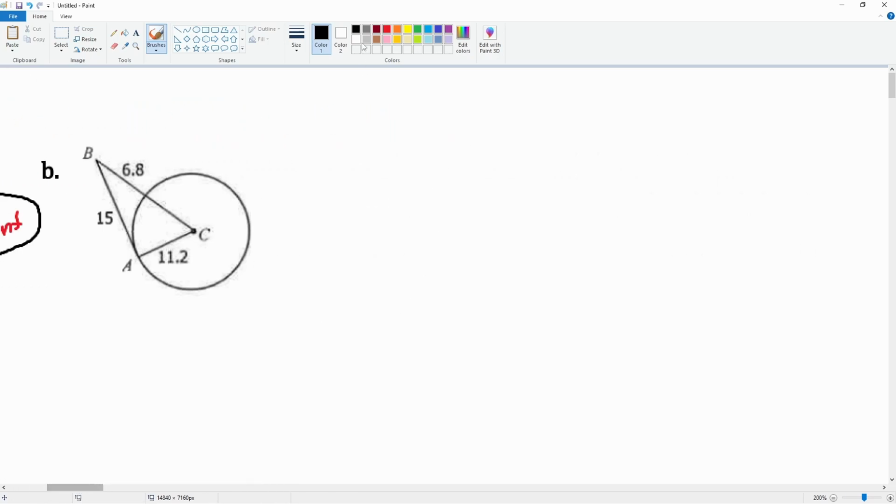Okay, same thing here, same idea. Line AB is a tangent only if the Pythagorean theorem gets satisfied. So again, A squared plus B squared is equal to C squared. We can say A is 11.2, and the other leg is 15. Let's just square everything. That's going to be equal to C squared.